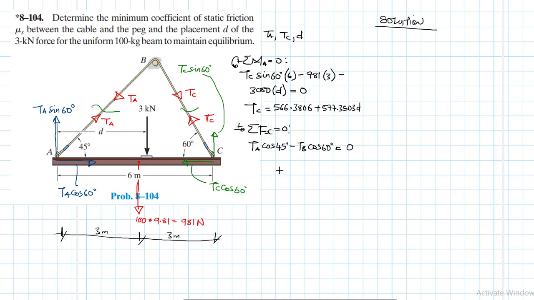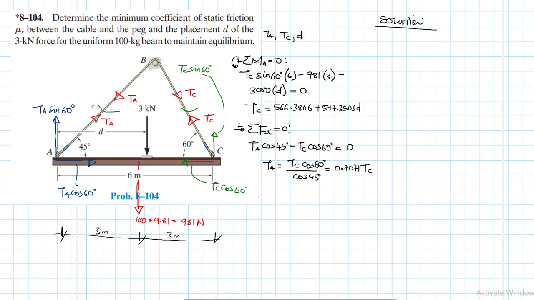Making TA the subject of the formula, TA is going to be equal to TC cos 60 divided by cos 45. This therefore gives us 0.7071 TC.